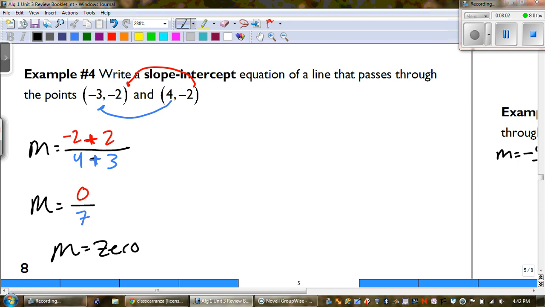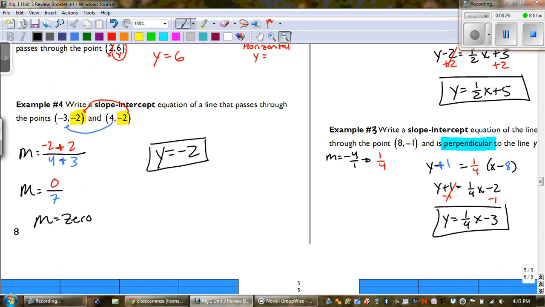All right, so the next thing that we're gonna do, we know that the slope is 0. It's a special case. Okay, a special case, 0 slope, it's y equals. And what does y equal? Well, we go back, we look at the equation, and in both of those, it's y equals -2. Okay? So you got to pay attention to that.